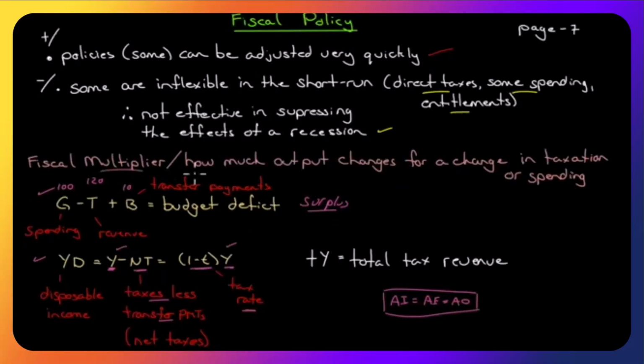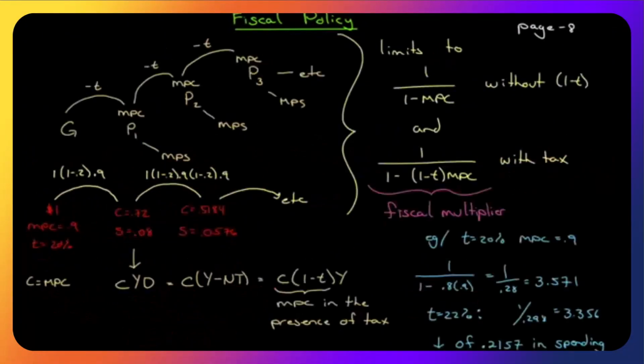Let's deal with the fiscal multiplier. What we're doing with the fiscal multiplier is a way to measure how much output would change for a change in either taxation or spending. Okay, let's see if we can conceive of this visually, what is going on when a government spends $1 and how we can come up with the statement that, well, if government spends $1, it ends up being $3.50 on GDP.